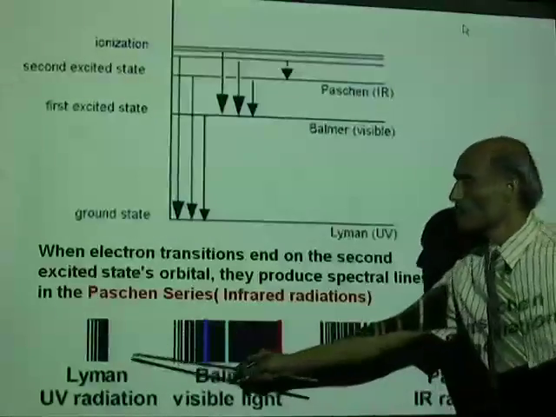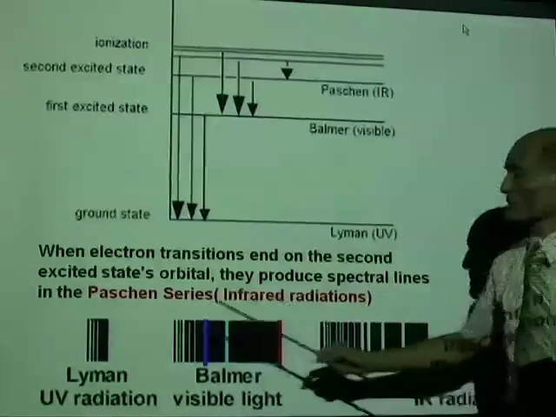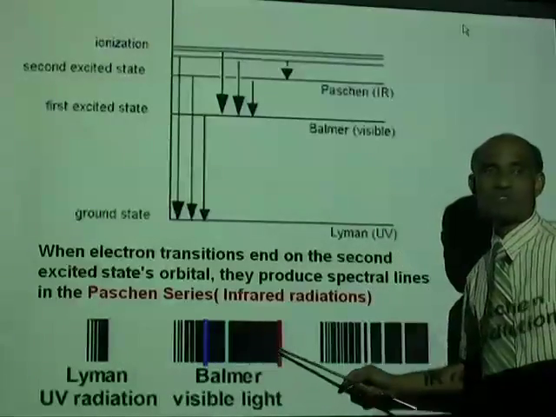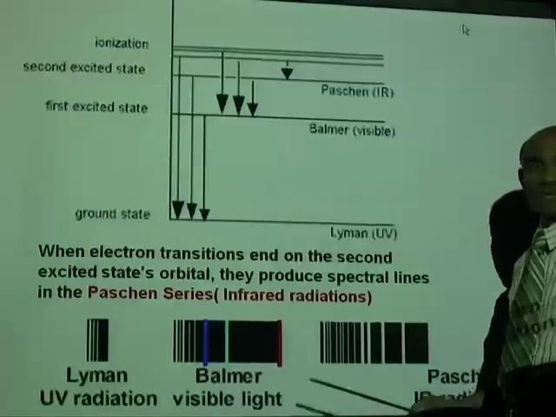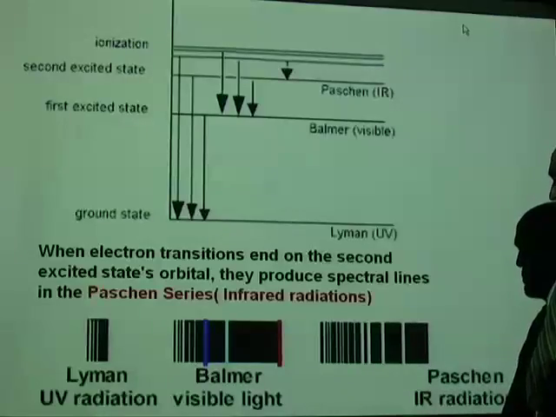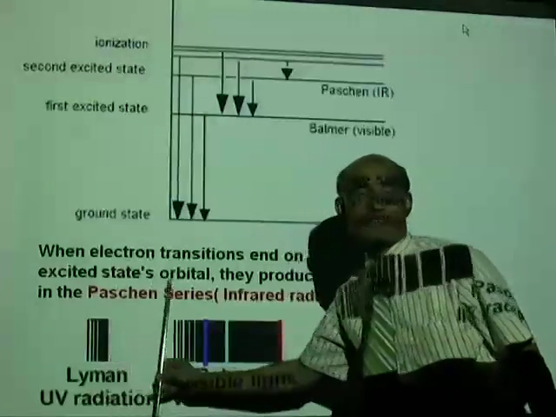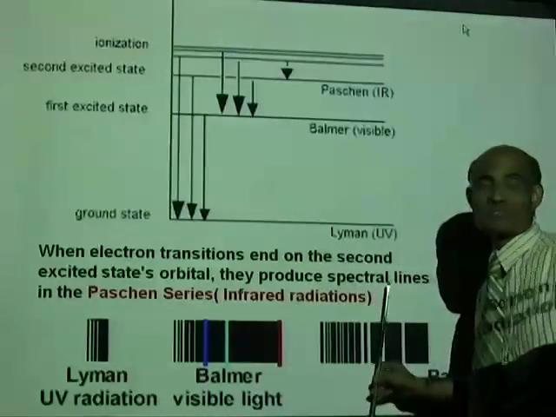Now, here I have the complete picture of all those. Lyman series, the ultraviolet radiations. Balmer series, the visible light. And Paschen series, the infrared. As we go from left to right, the frequency reduces.